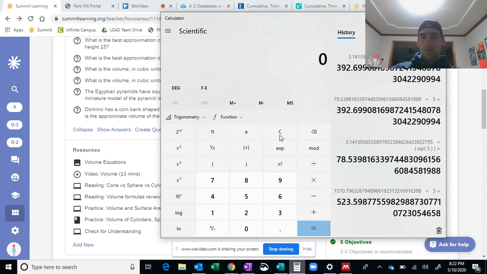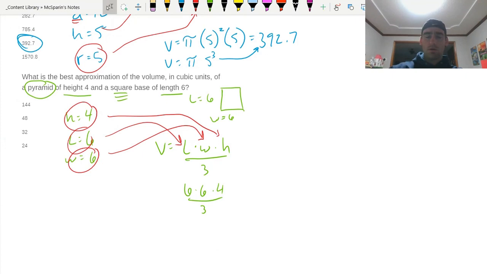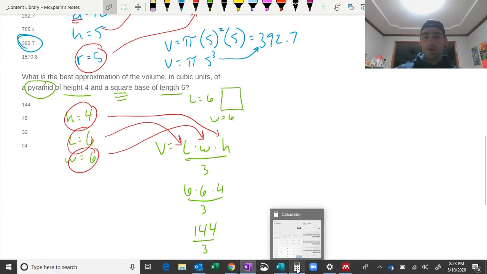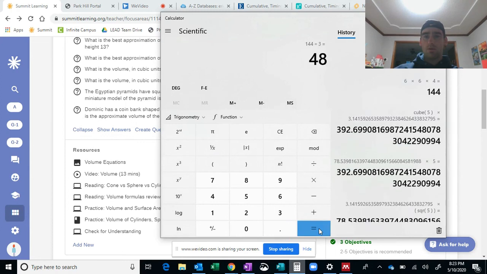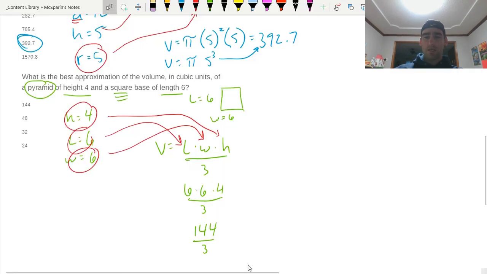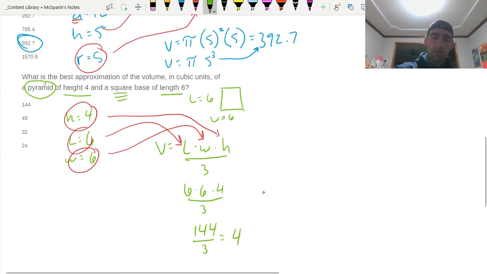So, clear. 6 times 6 times 4 equals 144. Divided by 3 equals 48. And there it is.